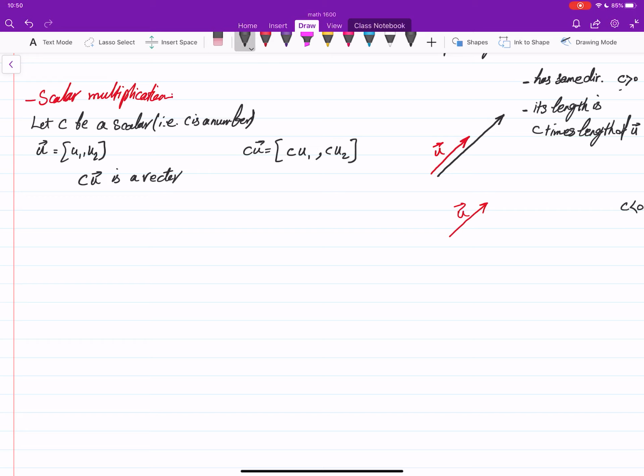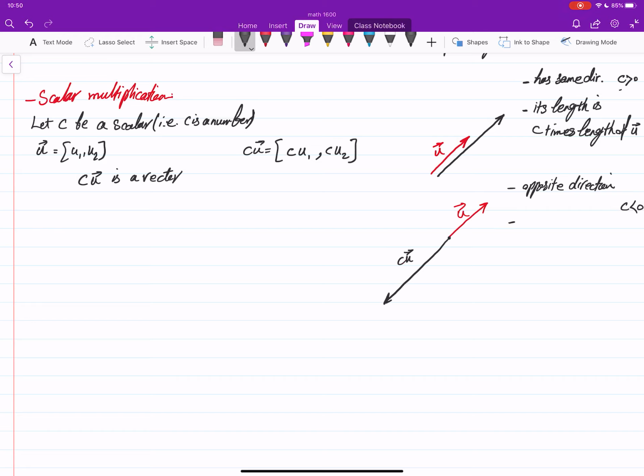Since c is negative, the direction is going to be opposite. It will go the other way around. How about the length?